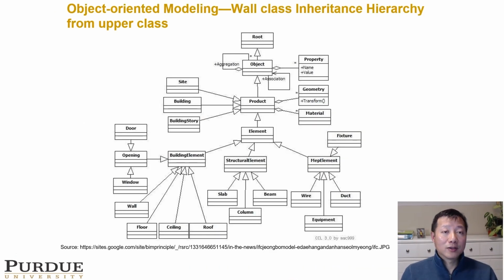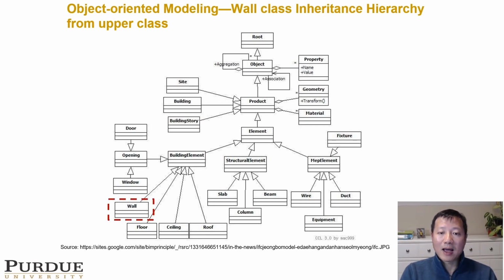Apparently, wall is not the root node, right? This one shows the Industry Foundation Classes, which is an open standard object-oriented model. And no matter which BIM tool you use, such as Revit or other BIM software packages, they all implement this IFC structure. So in this IFC structure, as you can see, we have wall.